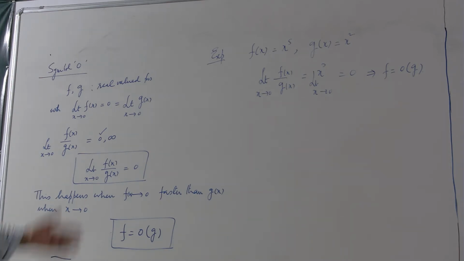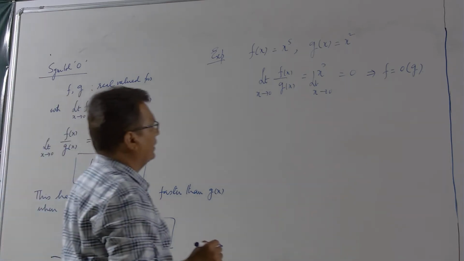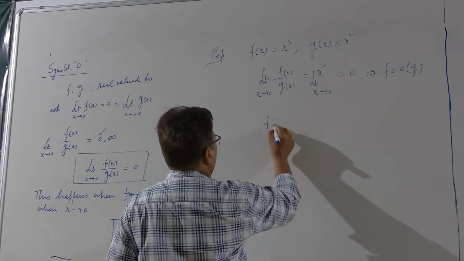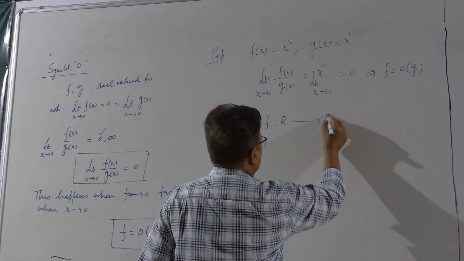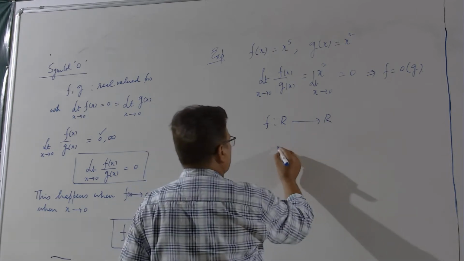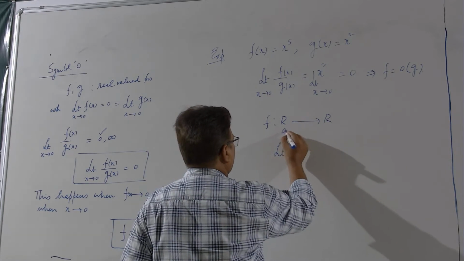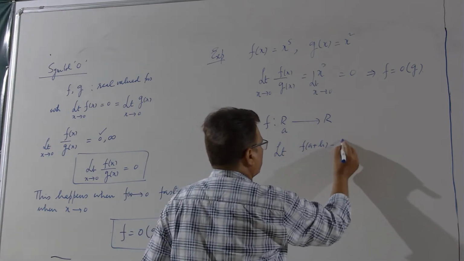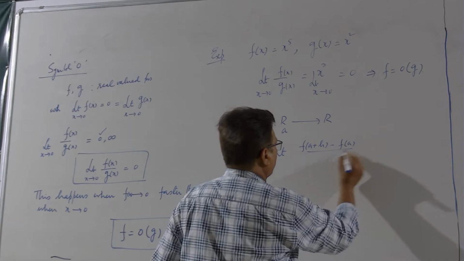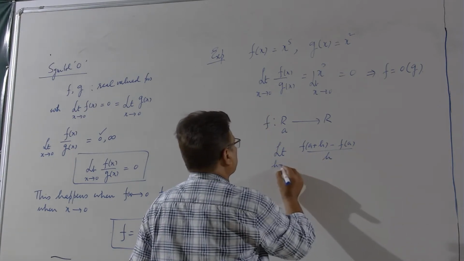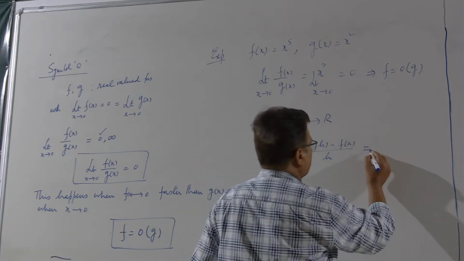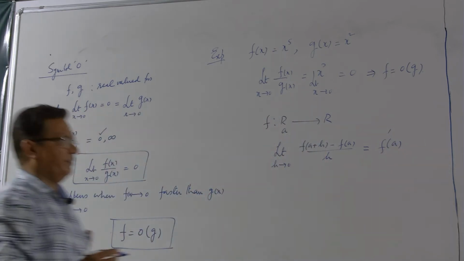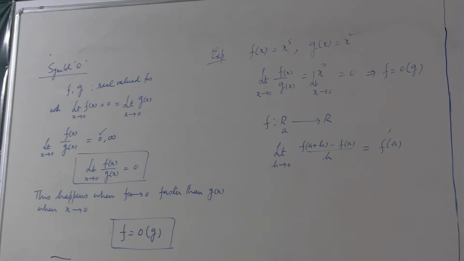This symbol you have seen being used in Taylor's formula. So, if f is a differentiable function from R to R, then we know that the derivative of f at a point a is actually the limit of f of a plus h minus f of a upon h when h goes to 0. This limit is called the derivative of f at a point a.